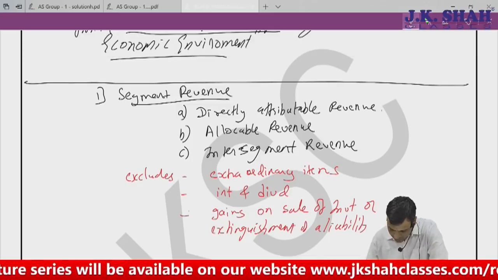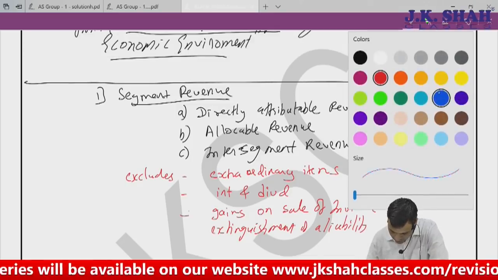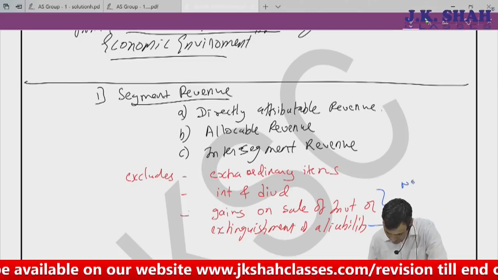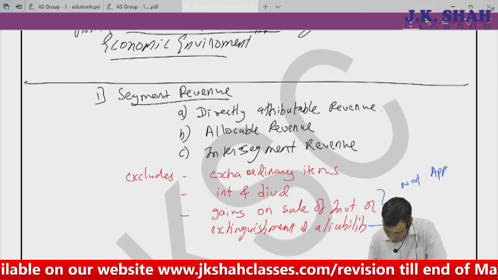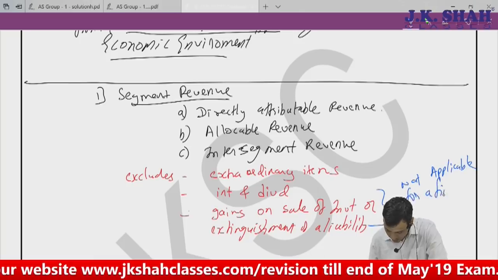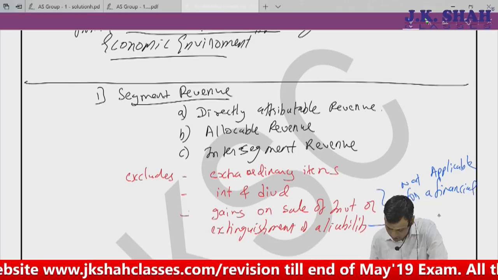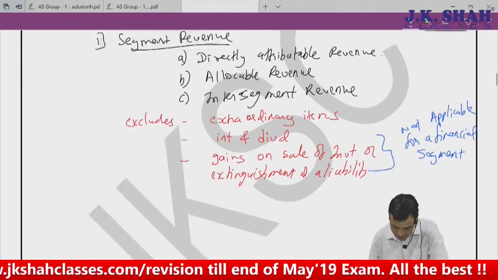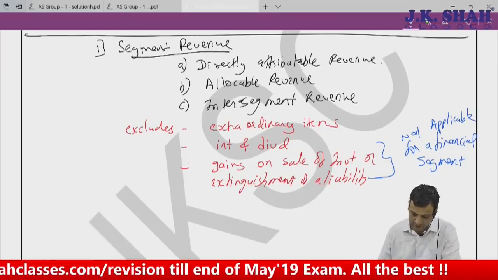Of course, remember this point, very much important. These two things are not applicable for a financial segment, in case of a bank or an investment company. So this is my segment revenue.